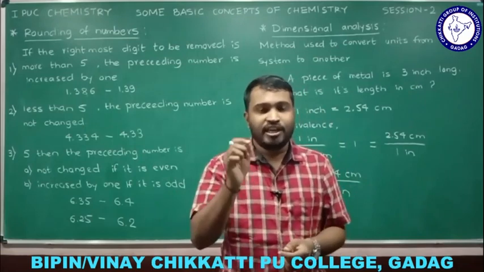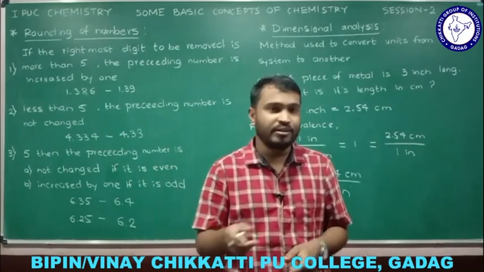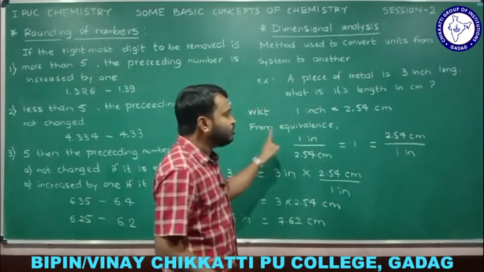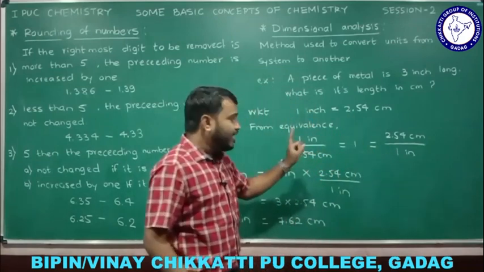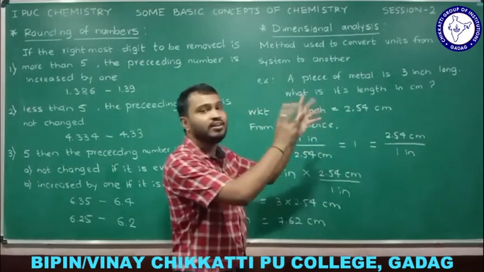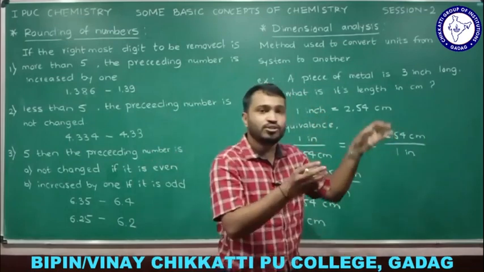But remember, if the question is using a dimensional analysis or unit factor method, you are supposed to use unit factor like this, and you should know how to write the unit factor. And writing the unit factor depends on the relationship between the given quantities. So the relationship between inch and centimeter you should know.